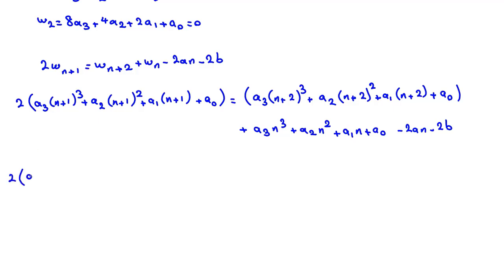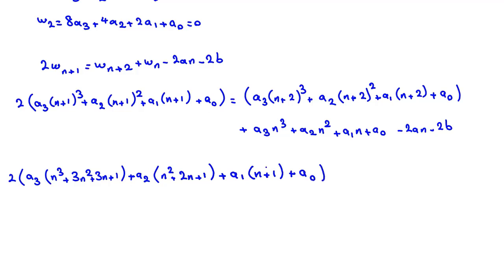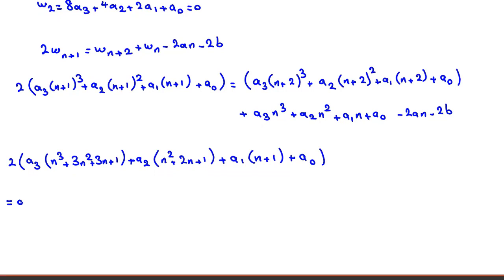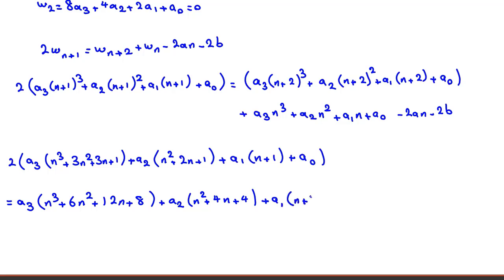First, let's write it as a3 times n cubed plus 3n squared plus 3n plus 1, plus a2 times n squared plus 2n plus 1, plus a1 times n plus 1, plus a0, equal to, now let's write this term, a3 times n cubed plus 3 times 2, 6n squared plus 3 times 4, 12n plus 8, plus a2 times n squared plus 4n plus 4, plus a1 times n plus 2, plus a0, plus a3n cubed plus a2n squared plus a1n plus a0, minus 2an minus 2b.